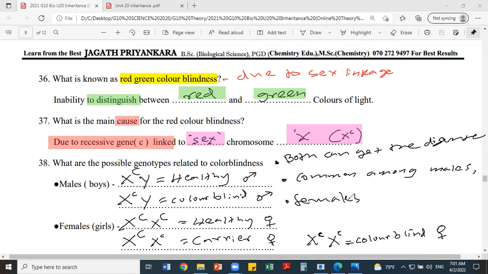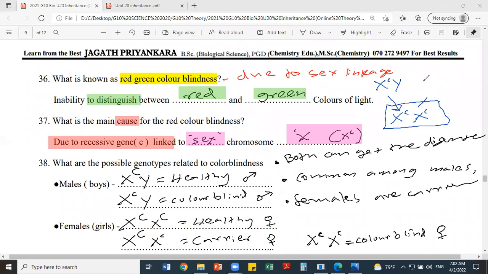Why am I saying this? I'll tell you the reason. Females are carriers because to have a colorblind girl in a family, that means X simple c X simple c. The father definitely has to be colorblind, no doubt about that. A girl gets one X from the father definitely, and the other X from the mother.